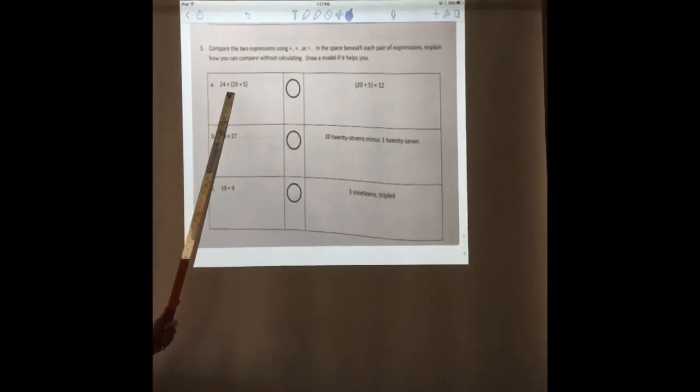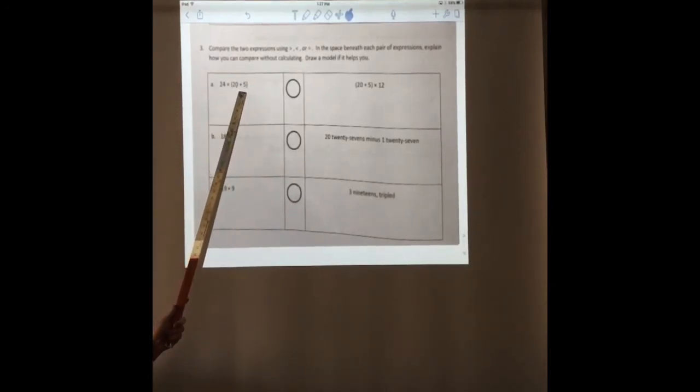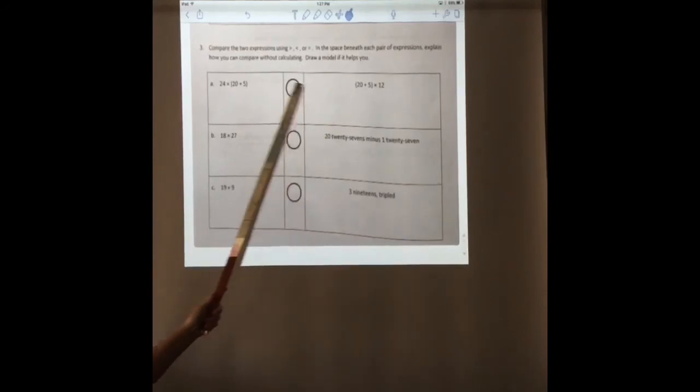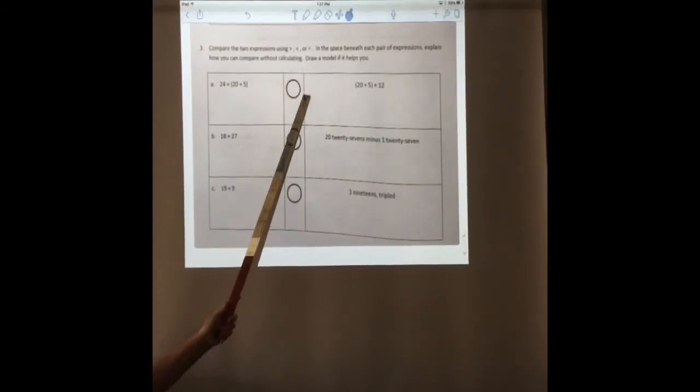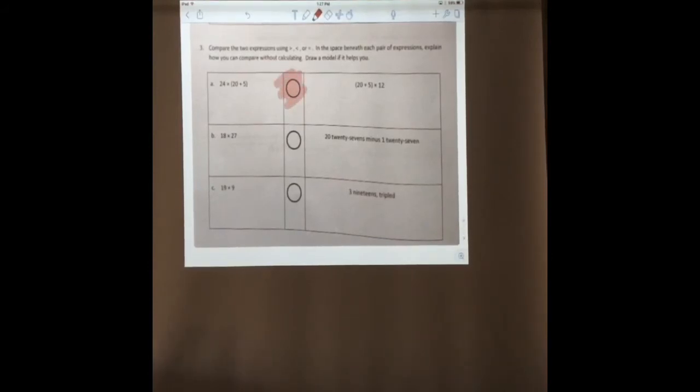We have 24 times 20 plus 5, and what's that circle in the middle usually mean? Just say it out loud. Greater than, less than, equal to. Yes, okay, so we're going to do either greater than, less than, or equal to. And remember how we read those.